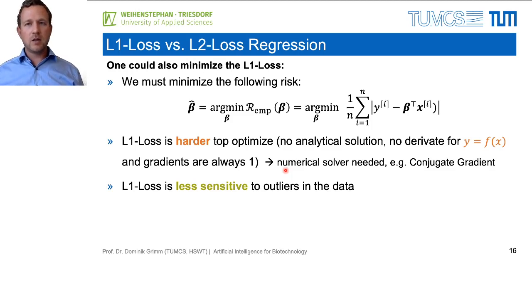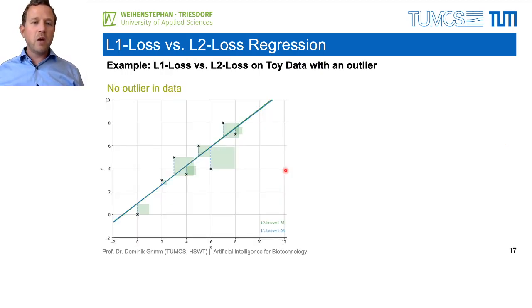So let's look at an example. If we have no outliers in our data, like in this example, then the L1 loss and the L2 loss are quite close to each other, and the linear functions we found are rather similar.